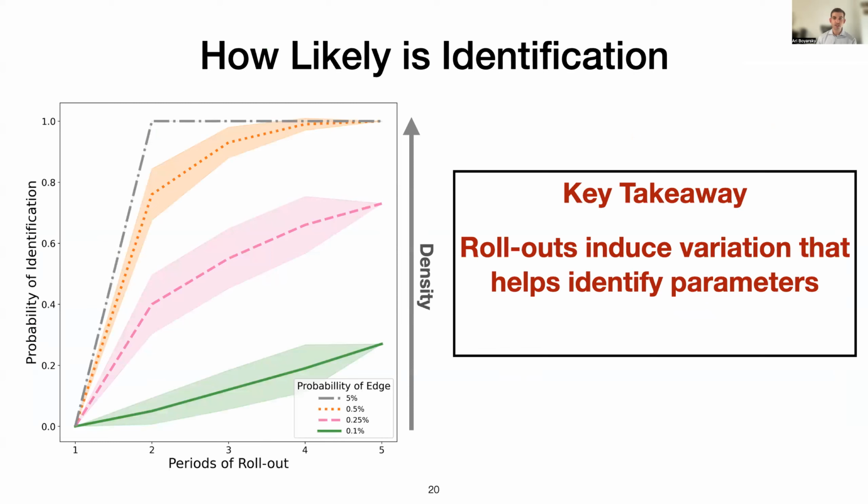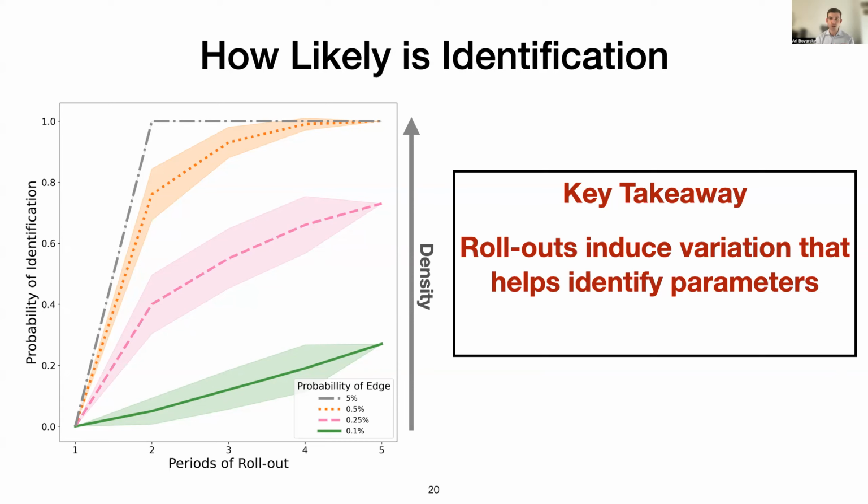So a natural question to ask is how likely it is that these conditions actually hold. It turns out that rollouts will increase the probability of identification, i.e. the probability that these conditions are actually holding. The graph we're showing here shows how likely it is that we can identify the total treatment effect in the last example. The probability that our conditions hold is plotted on the y-axis, and the number of rollout periods is plotted on the x-axis.